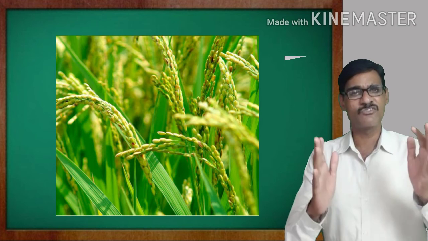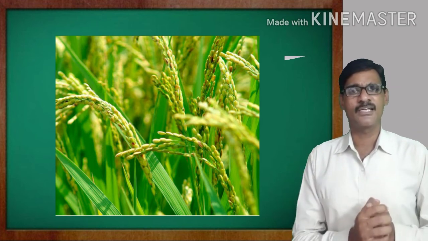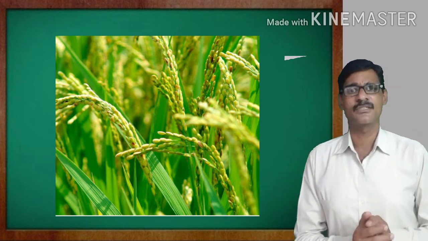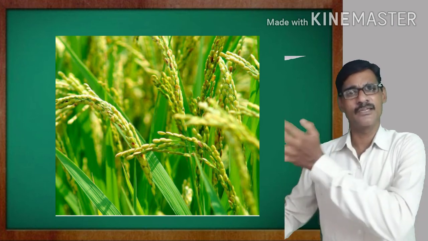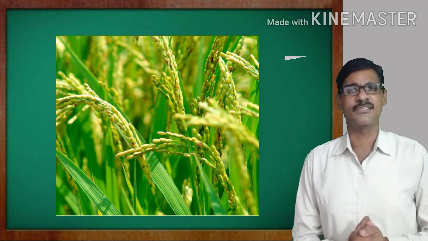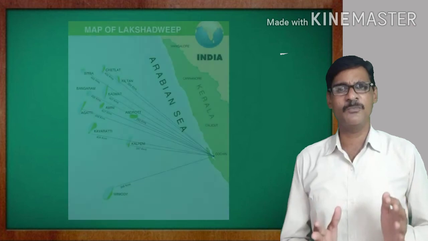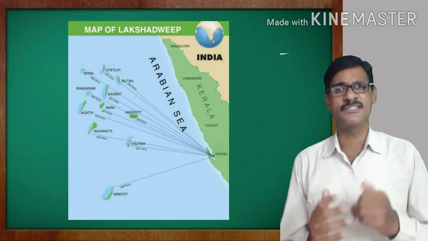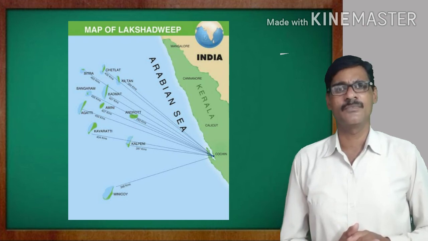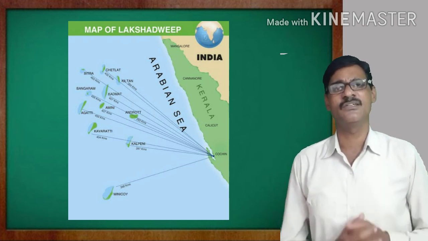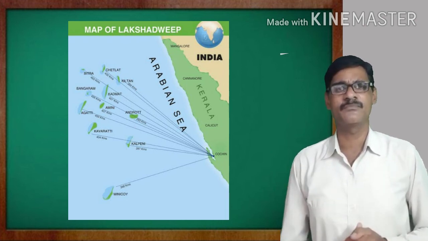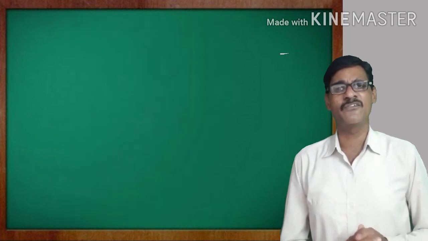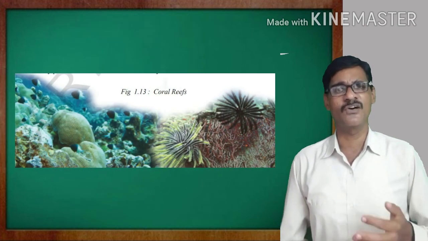And the Lakshadweep Islands. Lakshadweep is a group of islands in the Arabian Sea. It originated from coral reefs, and it is important for its variety of flora and fauna.